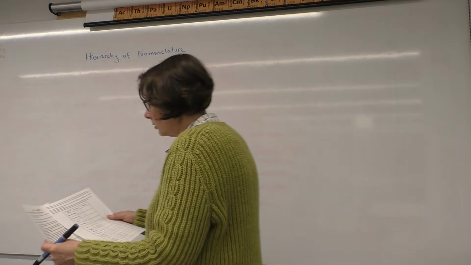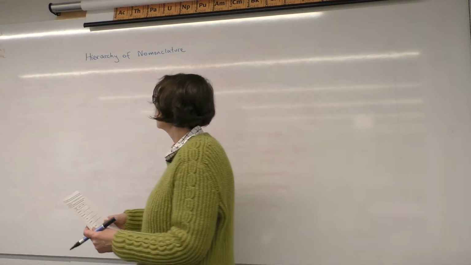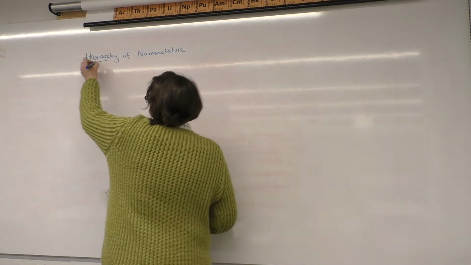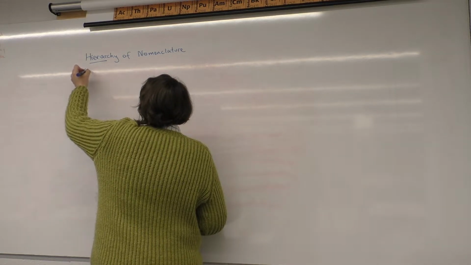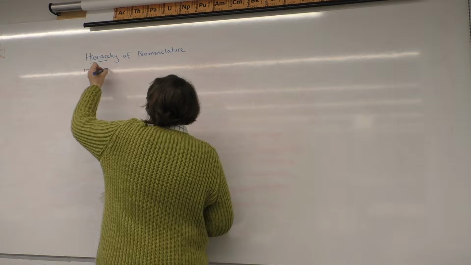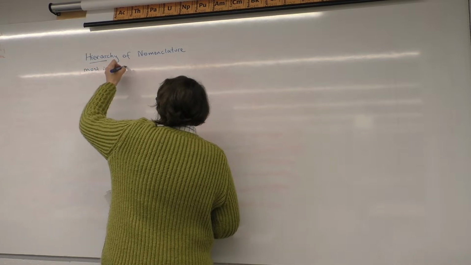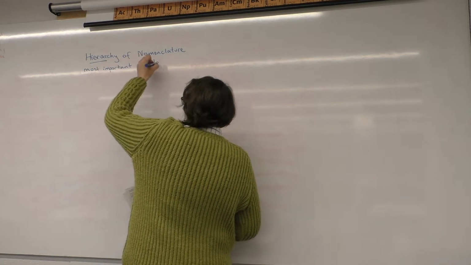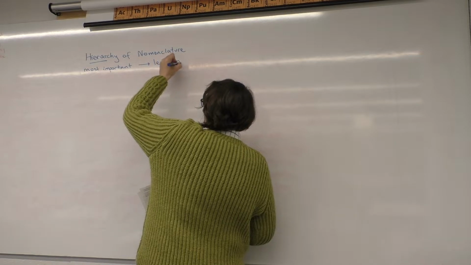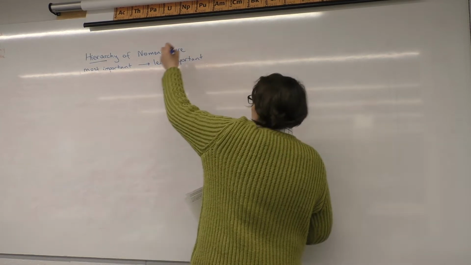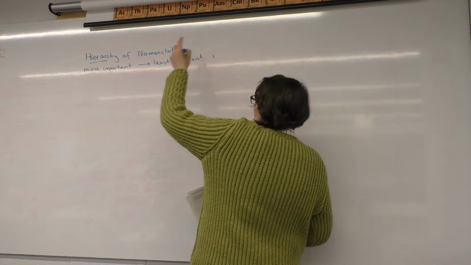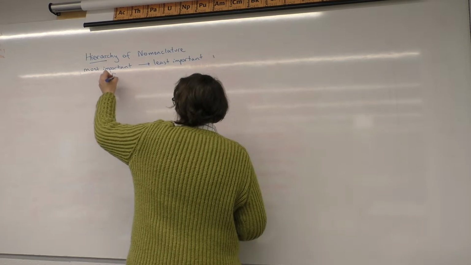Okay, so what we're going to look at now is the hierarchy of nomenclature. And the hierarchy is just telling us the ranking of most important to least important, as far as the name, functional groups.